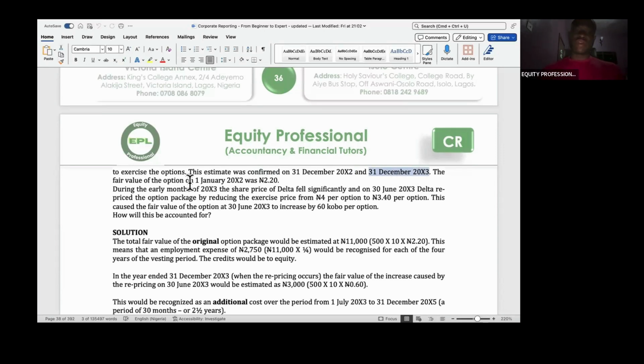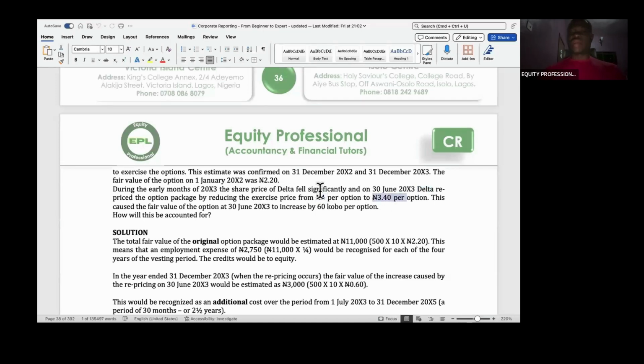We're now given the fair value of the option at the beginning of the year, which is at the grant date, which is 2 naira 20 kobo. So that's the first part of the question. Now, the second part is that in 2003, the share price of the company fell significantly. So the company revised the option package by reducing the exercise price from 4 naira to 3 naira 40.